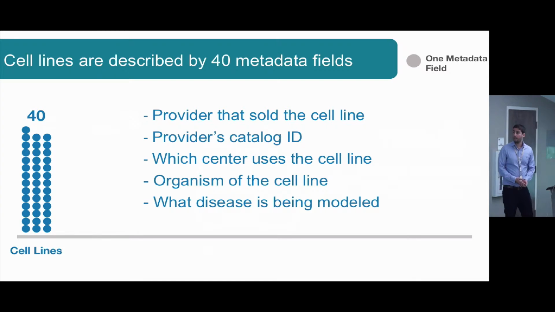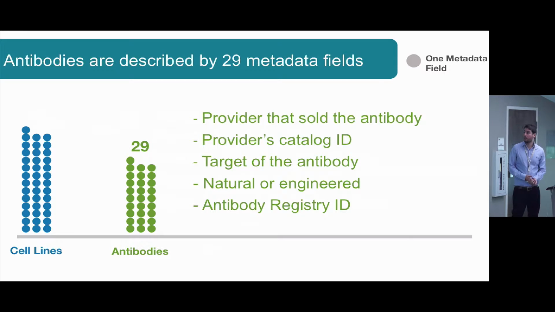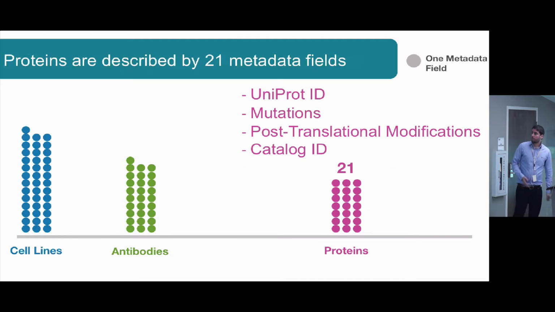For example, for cell lines, we capture 40 different metadata fields. Fields like the name of the provider, the catalog ID of the provider, which center uses the cell line, the organism of the cell line, and so on. For antibodies, we capture 29 fields. Again, the catalog ID of where you bought the antibody, or the target of the antibody, and so on.